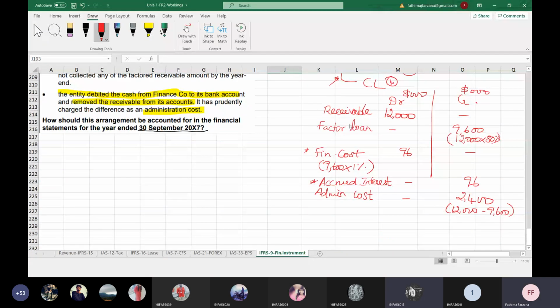Ma'am, then what about the non-current liability? Yes, I showed the factor loan here. Whether it is non-current or current liability, I have to check the factor loan first, because it is a liability. Wait, I've done this kind of problem, let's see.